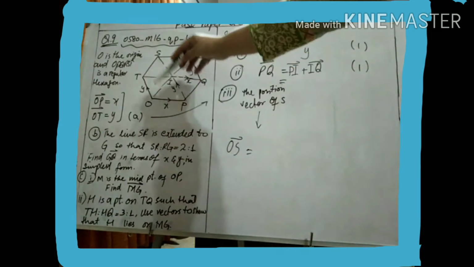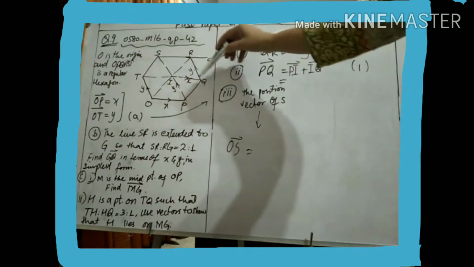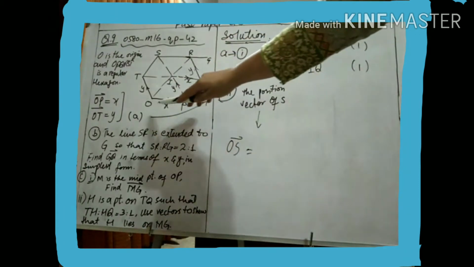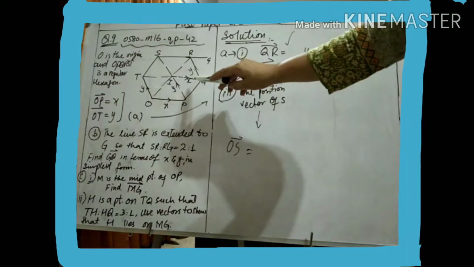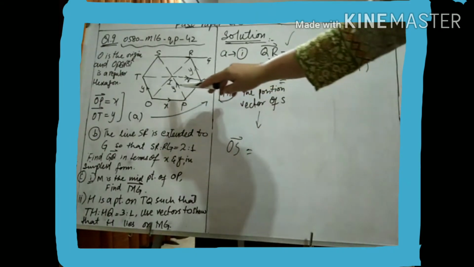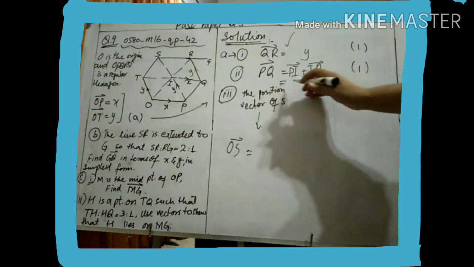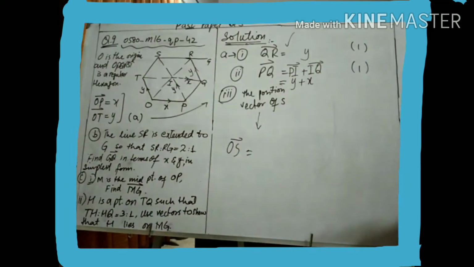PI is parallel to OT, so it is also Y. And IQ is parallel to OP. If OP is X, it is also X. So now we can easily find PQ, which is the sum of these two vectors, Y and X. So we have done these two parts.